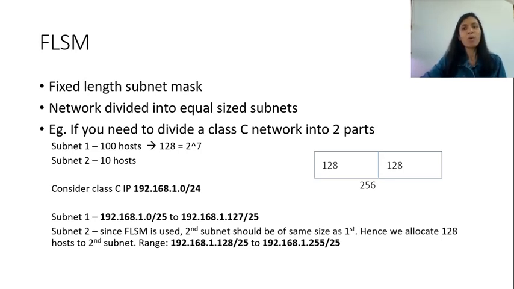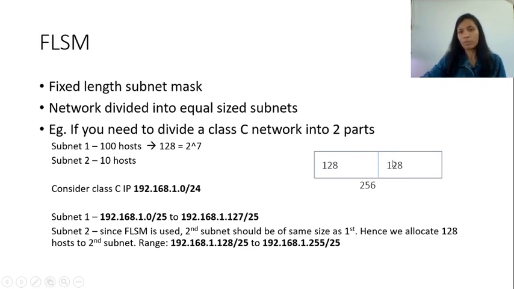For example, if you wanted to divide your class C network into 4 parts, you would divide it as 64, 64, 64, 64. So you cannot have a division wherein you have one big subnetwork, say 128, then next 20, next 20, next 20.